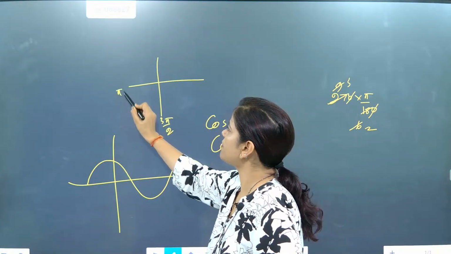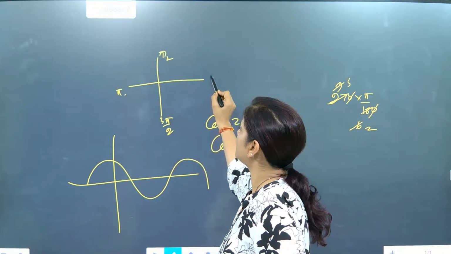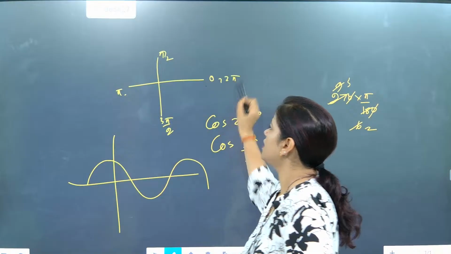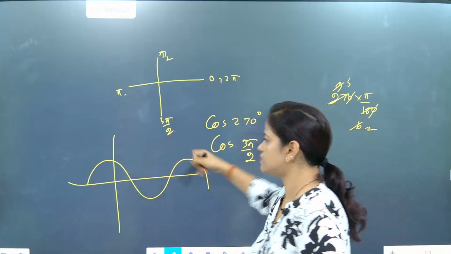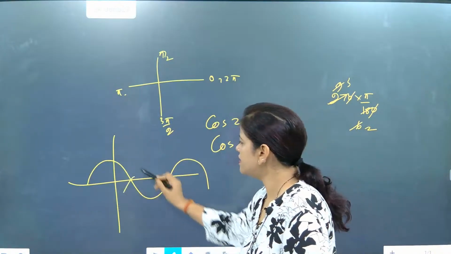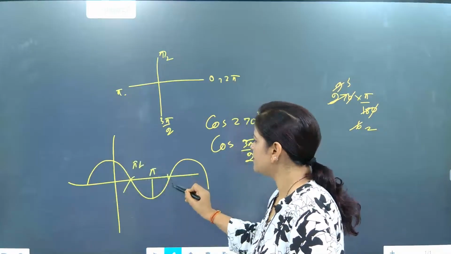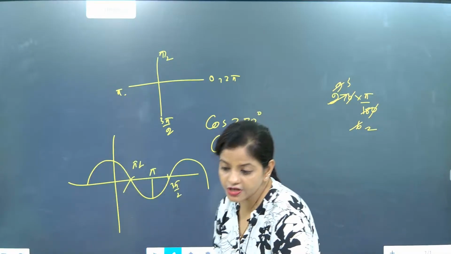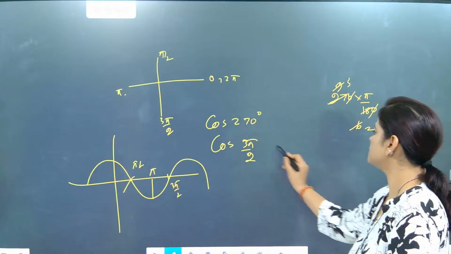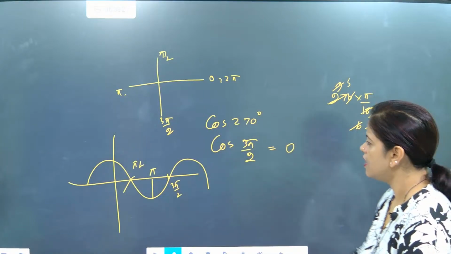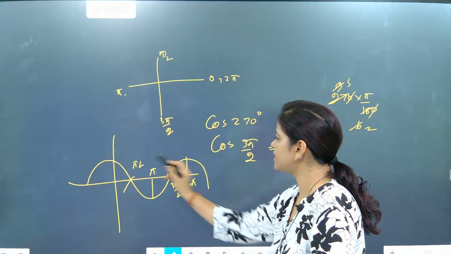This is pi, this is pi by 2, and this is 0 and 2 pi. So why waste time? We will just draw. This is 90, this is 180, this is 3 pi by 2, and at 3 pi by 2 the value is 0. So directly say the value is 0, and at 2 pi the answer is plus 1.